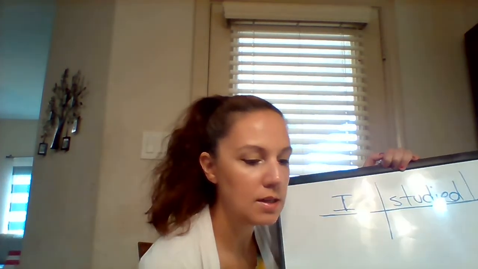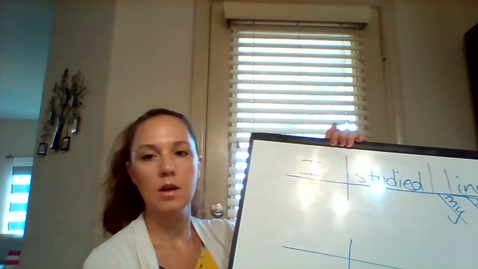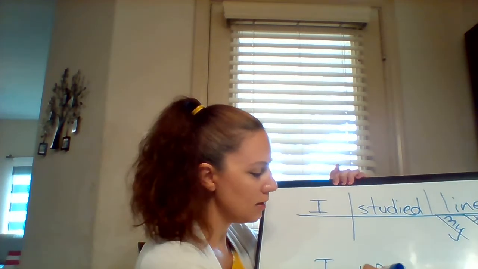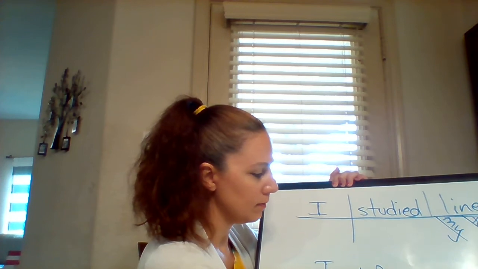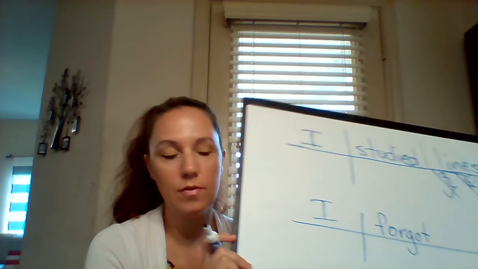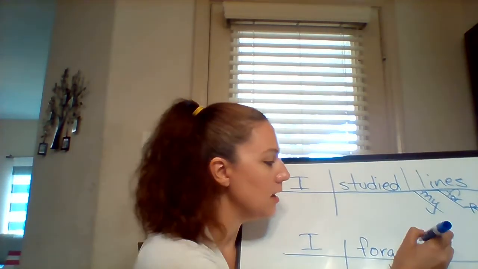Okay, the second part says, but I forgot them during rehearsal. Okay, subject, I. What did I do? Forgot. So I forgot. It's a complete sentence by itself. But in this case, we have a direct object. What did we forget? Them.